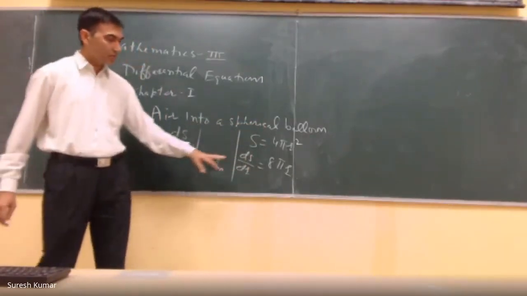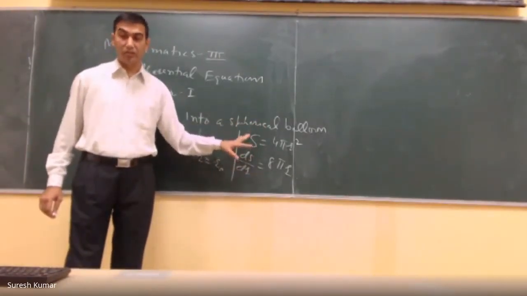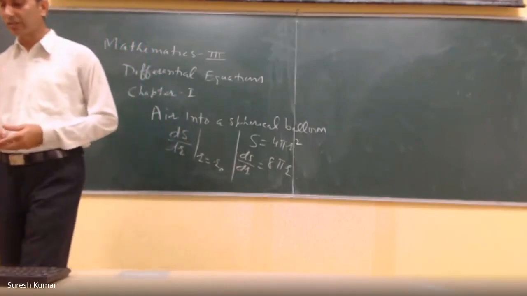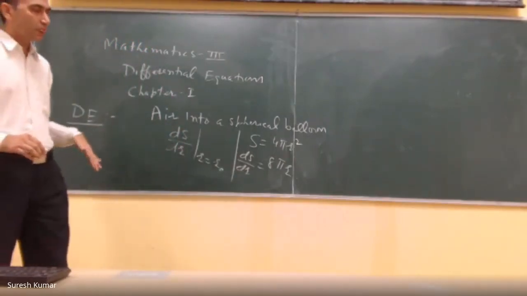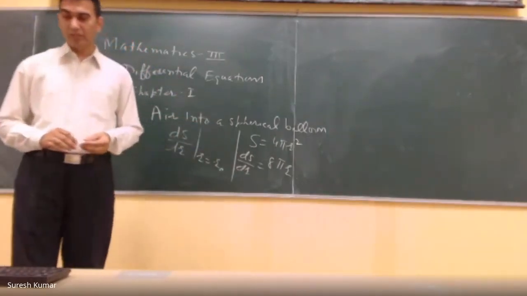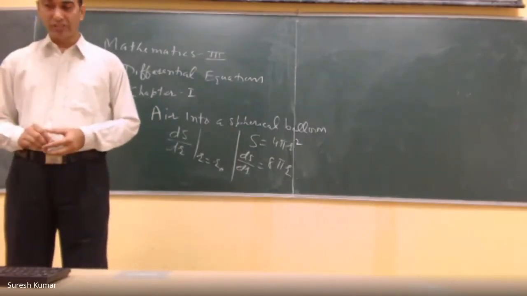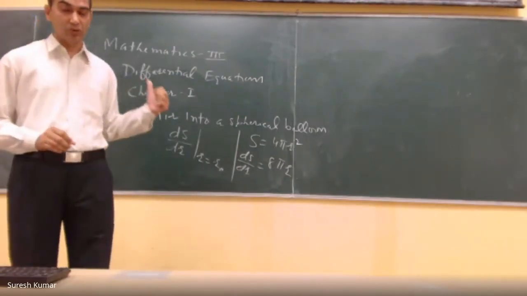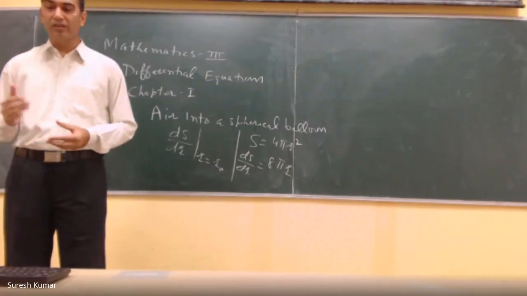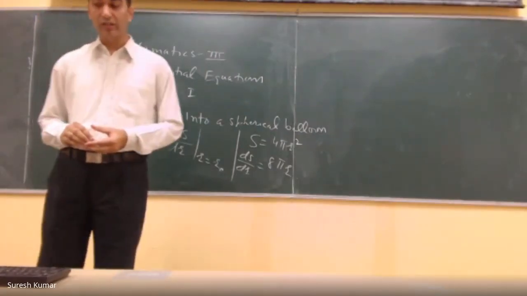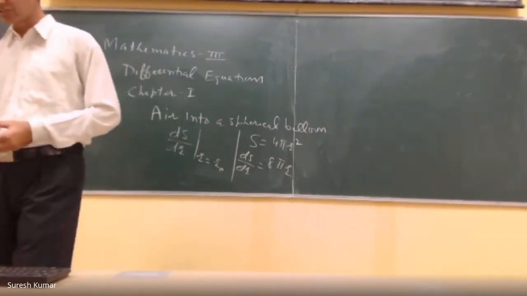So at any given value of r, you can calculate the rate of change of the surface area. Likewise, there are numerous situations where you get natural differential equations, and the purpose of this course is to learn analytical methods for solving different types of differential equations.